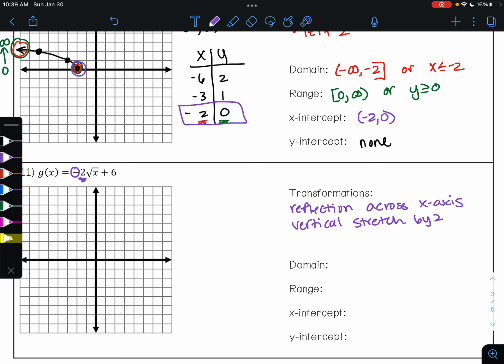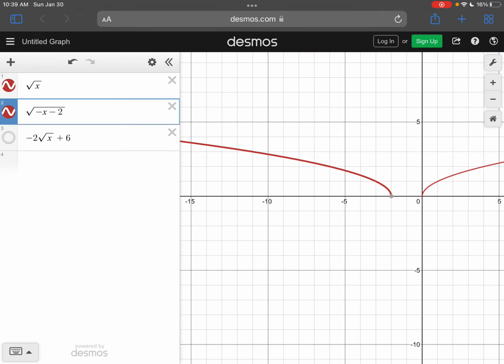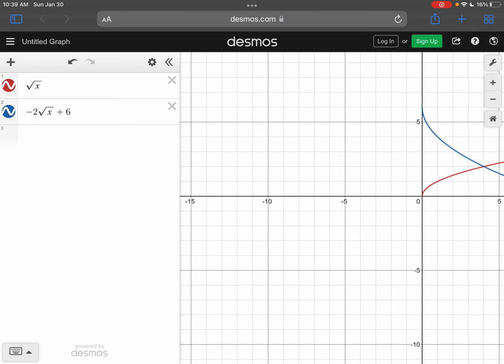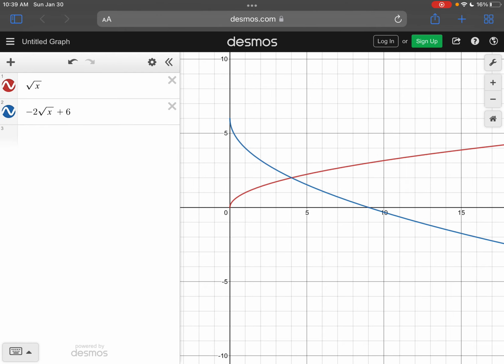And that we have shifted up 6 units because our k value is 6. So let's go ahead and look at Desmos and see what this one gives me. And we can see here that we have reflected across our x-axis. We do have a stretch of 2, and we have moved up 6 units.